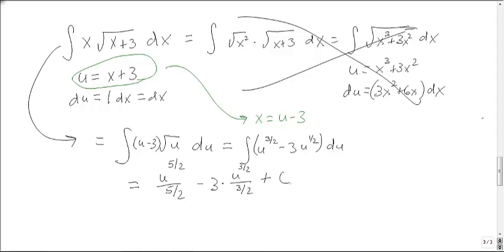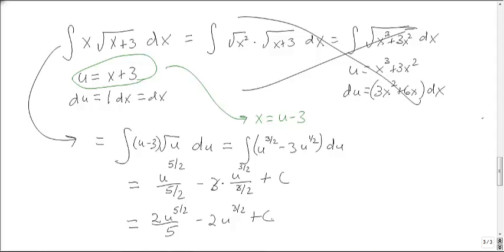Now, we should do a few things here. One is simplify these fractions a bit. Dividing by 5/2 is multiplying by 2/5. So I'll get 2 u to the 5/2 over 5. Here the 3 and the 3 actually cancel, and the 2 will end up on top. So I get minus 2 u to the 3/2 plus c.